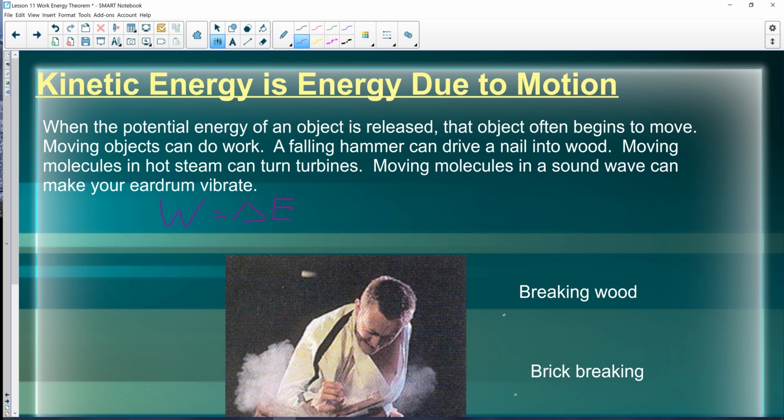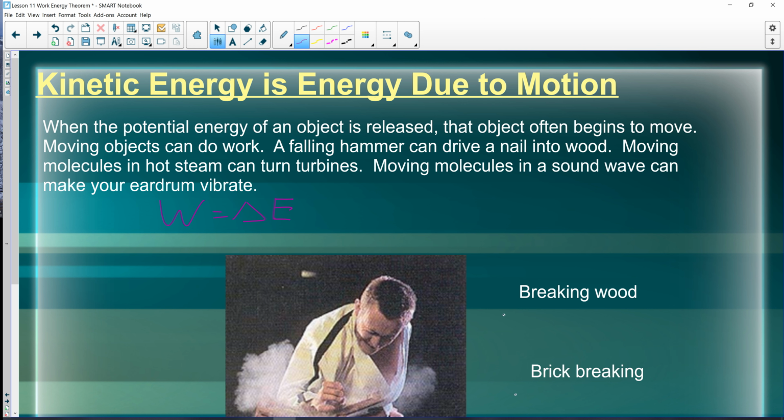In Science 10, that's going to mean a change in either potential energy or kinetic energy, but not both. In the truest sense, work energy theorem is a change in mechanical energy, which means it could be both. And in Physics 20, we do work energy theorem with both types of energy changing. But in Science 10, either potential or kinetic is going to change.